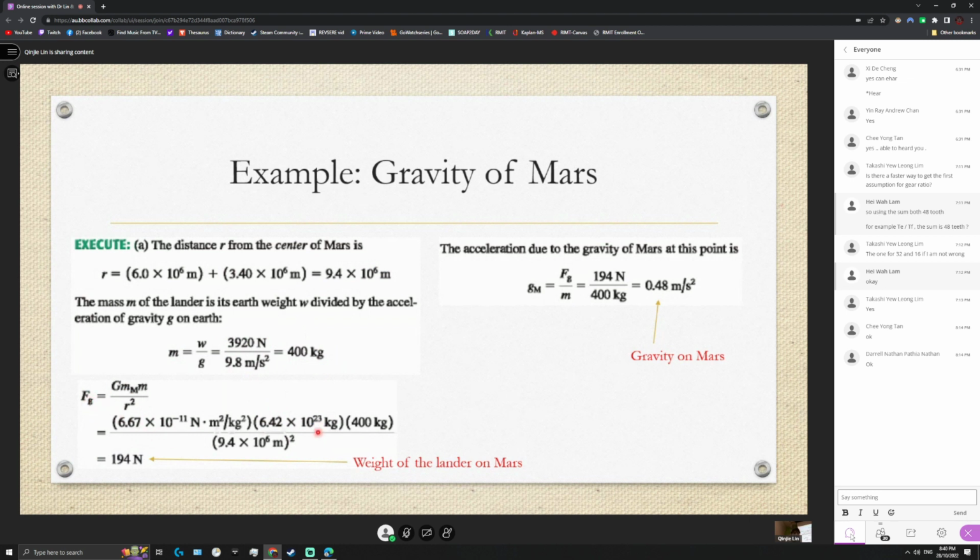Can you see? This is times 10 to the power of 23. A planet is so heavy that it gives this a significant number. Okay, so this is the mass of Mars, the mass of the body, the lander, then divide by r squared. You'll get 194 newtons. This is the weight of the lander on Mars.